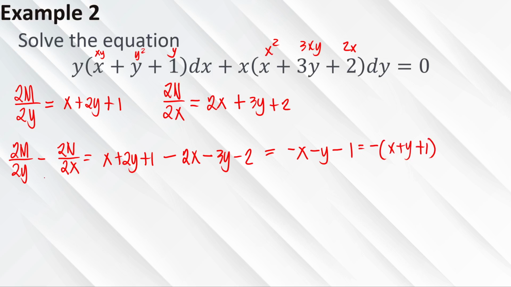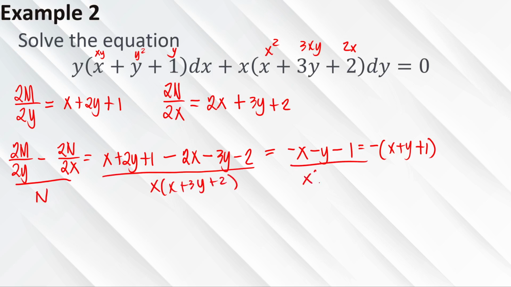At kapag dinivide natin siya ng n, which is x times x plus 3y plus 2, wala tayong makakancel. Well, in fact, meron tayong makakancel, obviously naman yung x plus y plus 1 nandun sa m. So, kailangan natin siyang baliktarin.